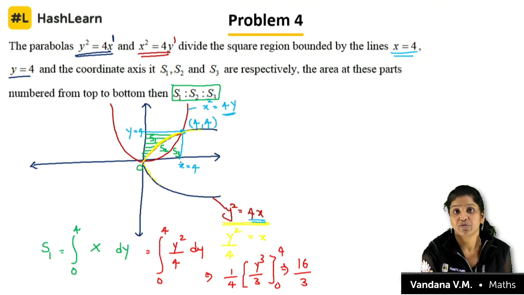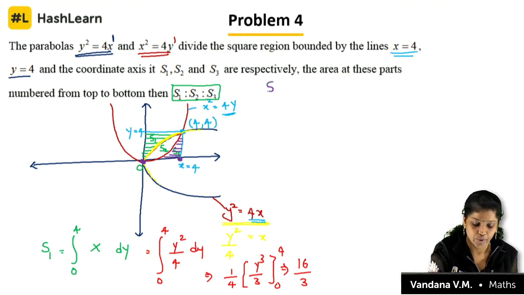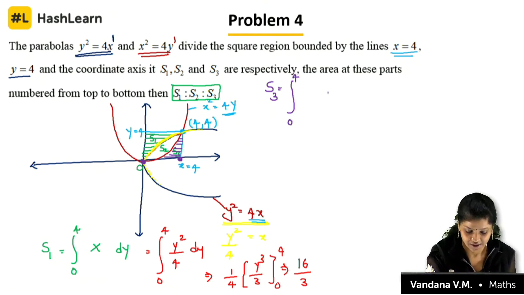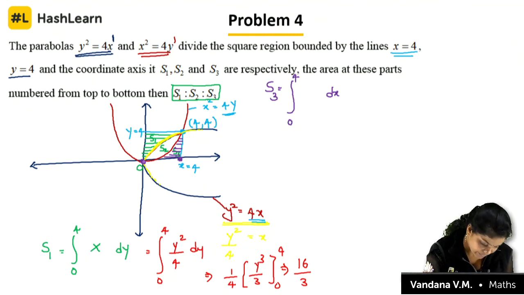Next, I will do S3 first and then I will go for S2. S3 is this, the purple color one. From where to where do I want? From 0 to 4. So I am doing S3, children, integral 0 to 4, where it is along the x-axis, so it is dx. Which curve is making the area over there? This curve is making the area.